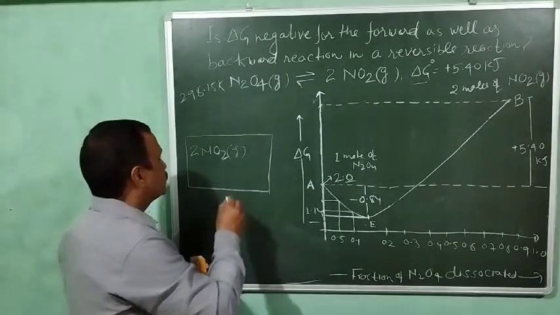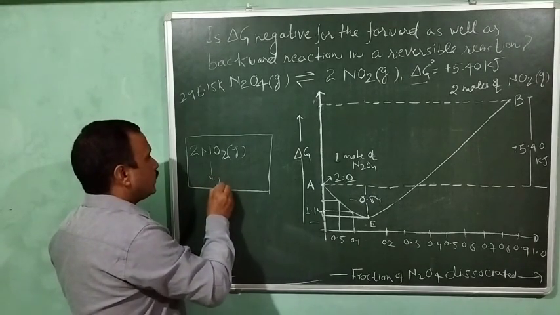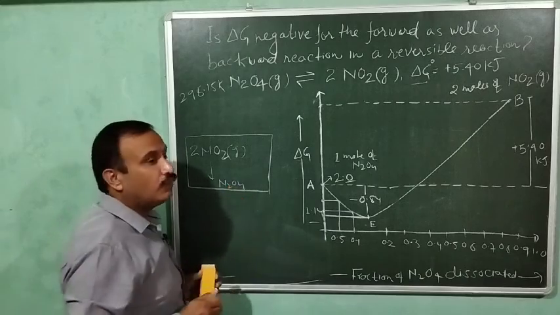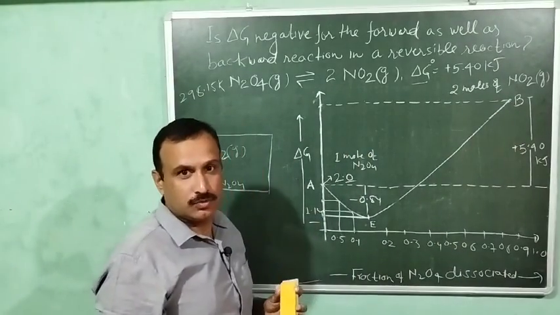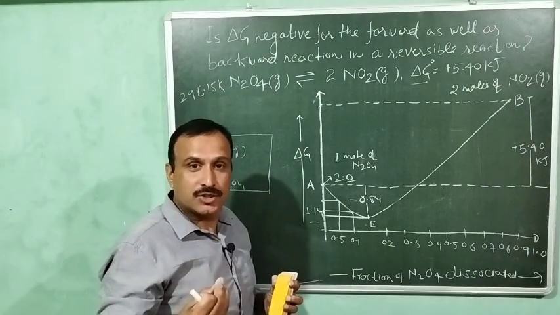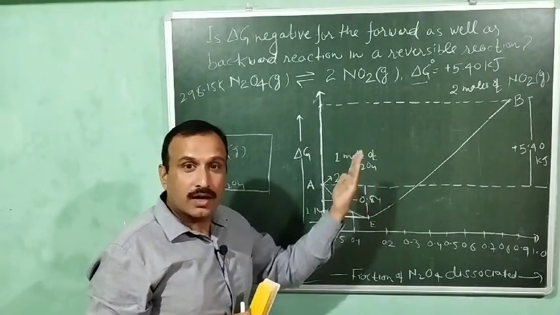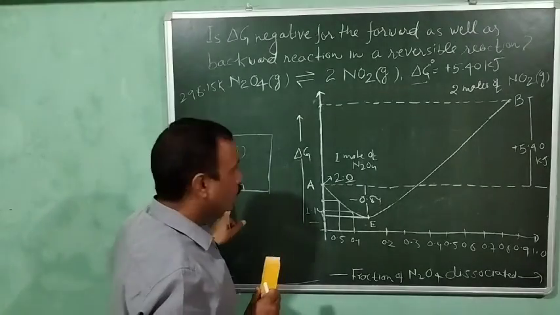and soon the reaction will commence and the NO2 will start converting into N2O4. So at the point B we will have 100% NO2. Okay, then as the reaction progresses the NO2 will start converting into N2O4.